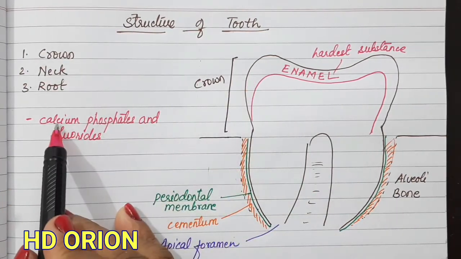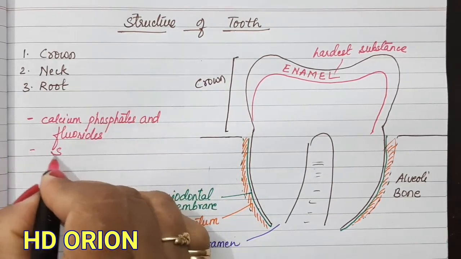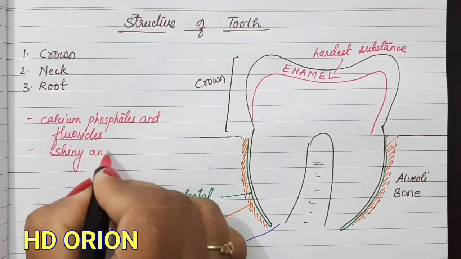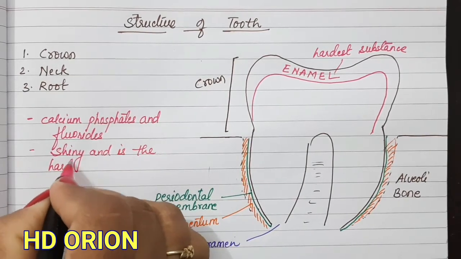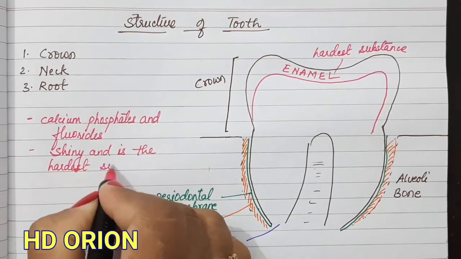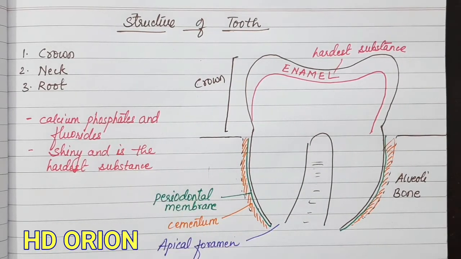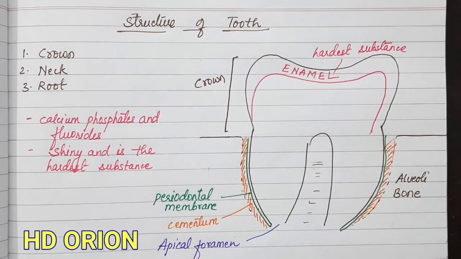So enamel is made up of calcium phosphates and fluorides, and it is very shiny. It is shiny and is the hardest substance of the body. The hardest tissue is the bone, but we are talking about the hardest substance.